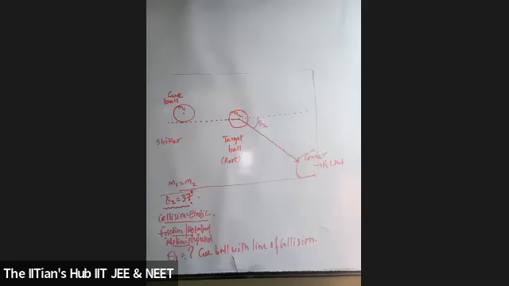Considering the collision to be elastic, eliminating friction and the rotation of the two balls, find out theta 1, that is the angle formed by the cue ball with the line of collision. Hope the question is clear to all of you.